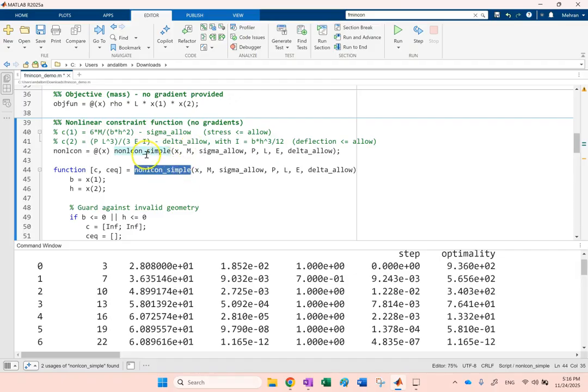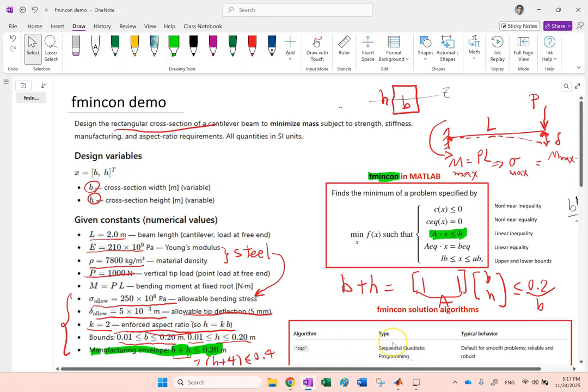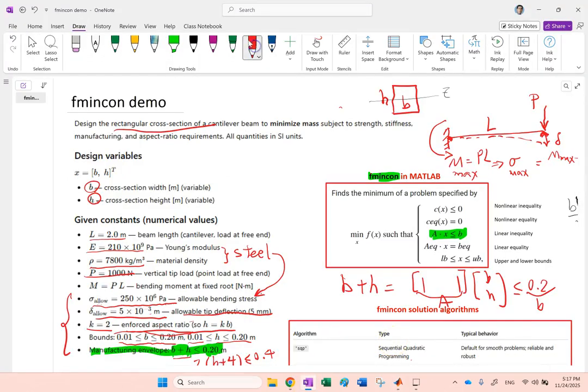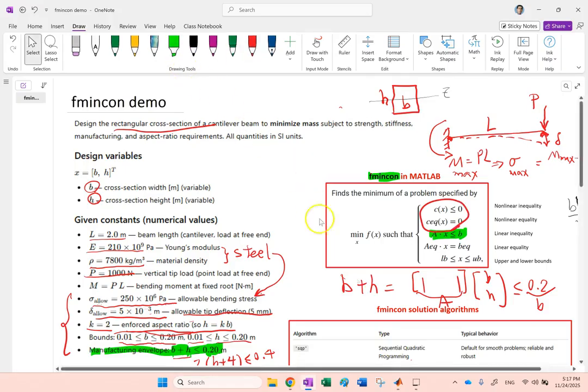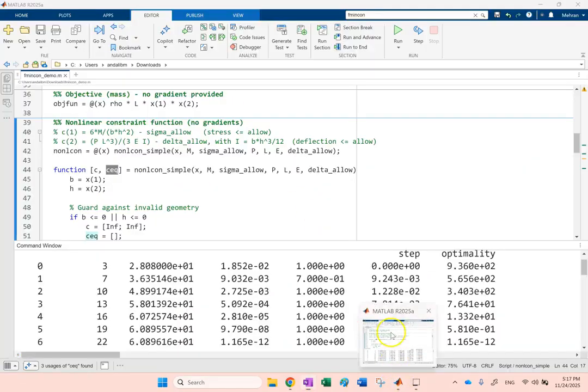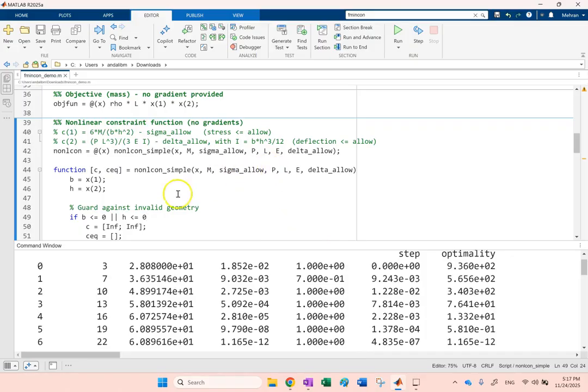This one not only will return the nonlinear inequalities, it also will return what? The linear equalities, okay? So here, that single function is going to return both of these for you, both C equal and C. So let's go ahead and take a look. What would you give it?